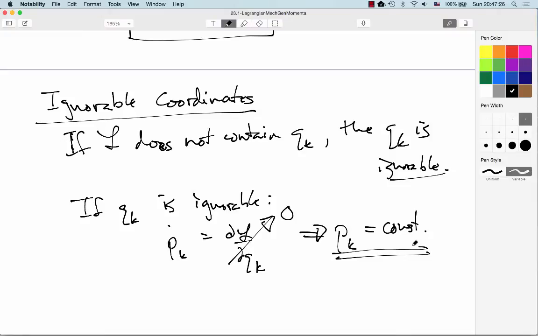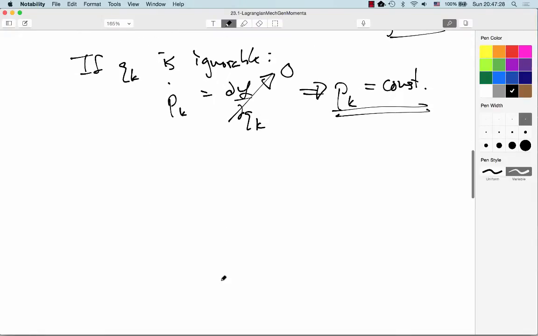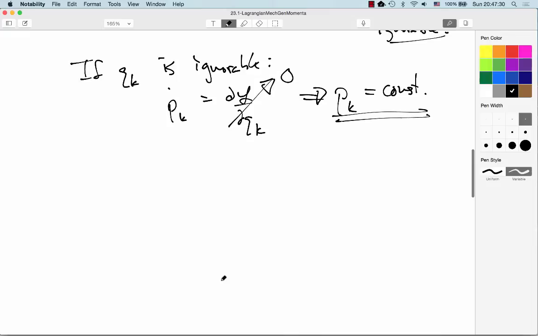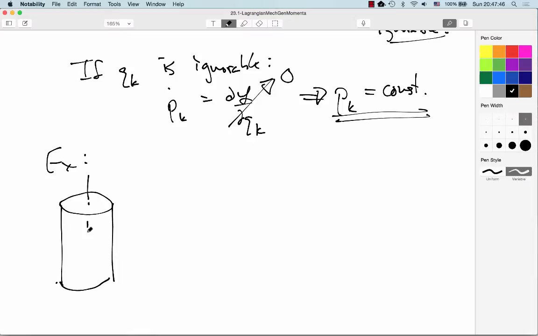All right, so let's do some examples of this, just to get some feel for it. So let's say that we have a cylinder. So there's my center line.